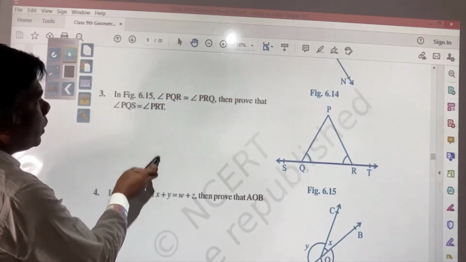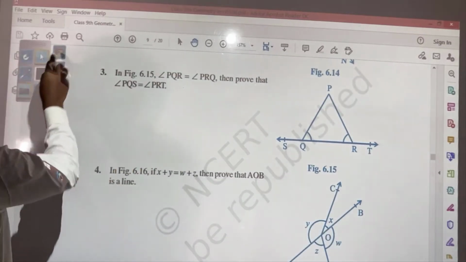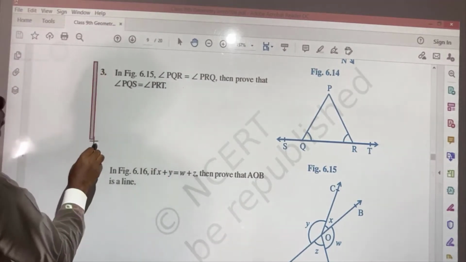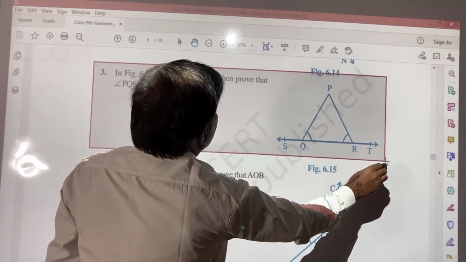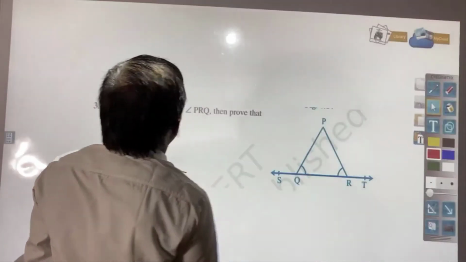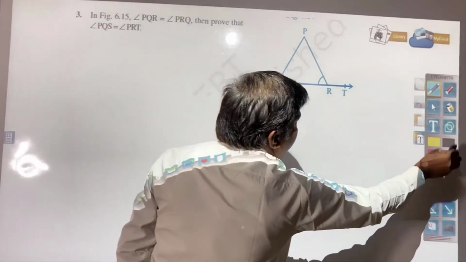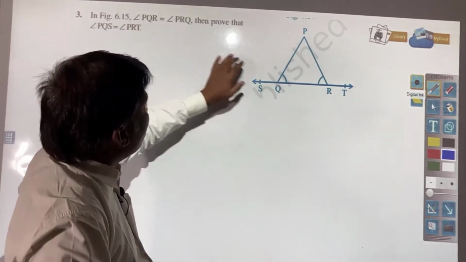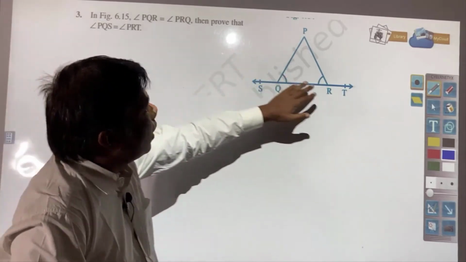Then we have question number 3. Here you see what has been given. Angle PQR is equal to angle PRQ.